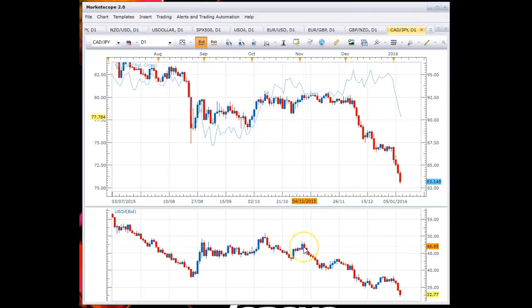So oil started dropping from 50 odd to 40. It's quite a strong move, and the CAD was thinking about it at this point, and then it started moving south in December. Oil dropped more to 35, and at this point, CAD was down. Now, I haven't been following the Canadian central bank rate decisions, etc. I know that that is an important part of currency pricing, so I'm just following this one side of the story, which is oil.